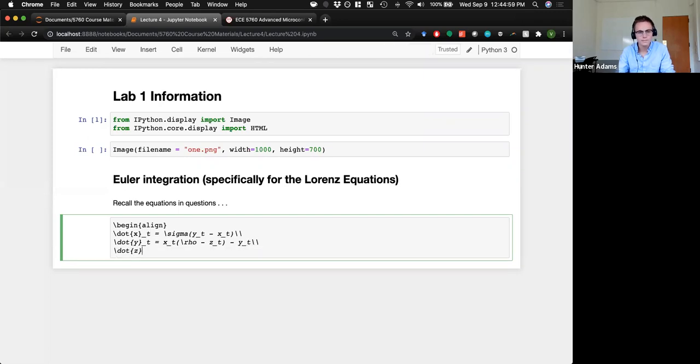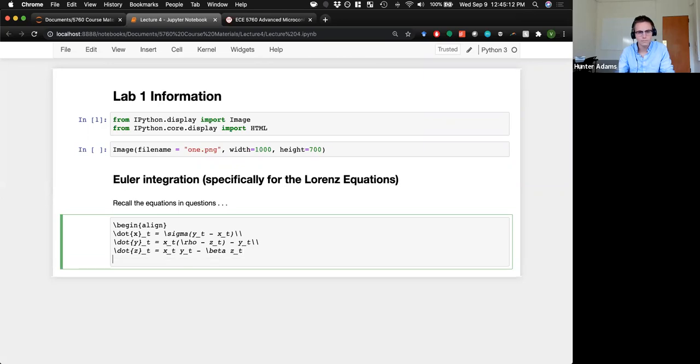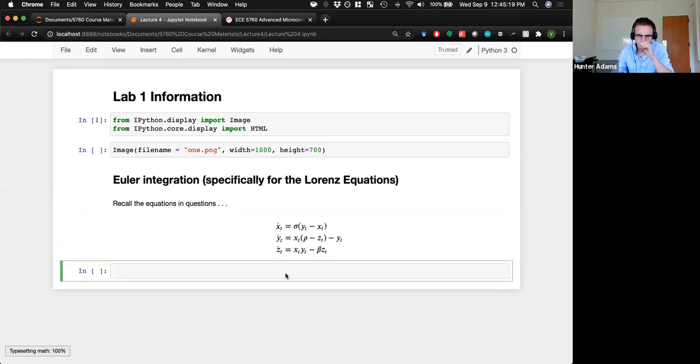And then z dot equals x times y minus the parameter beta times z. And let me just make all these line up. So these are the equations that we're integrating, where, like I said, all of the derivatives are functions of time, and then the variables x, y, and z are all functions of time as well.